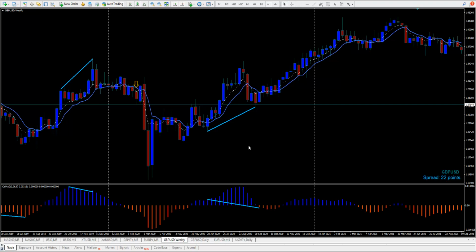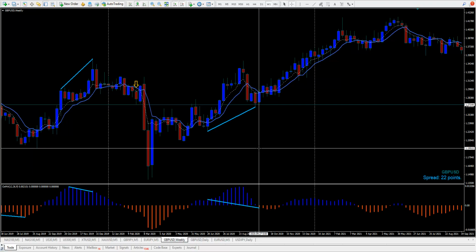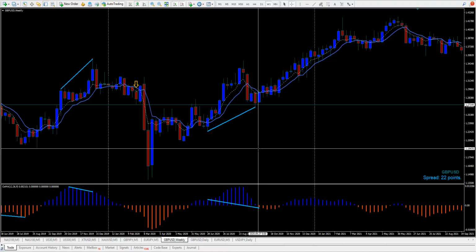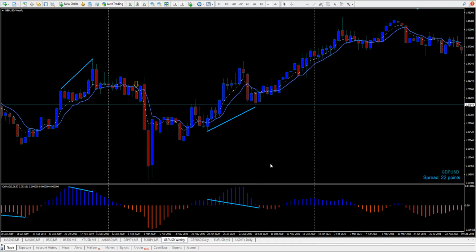See if that lines up right. We got to bring it over one. Okay, that still would work. It was divergence. It wasn't perfect, but it was divergence.